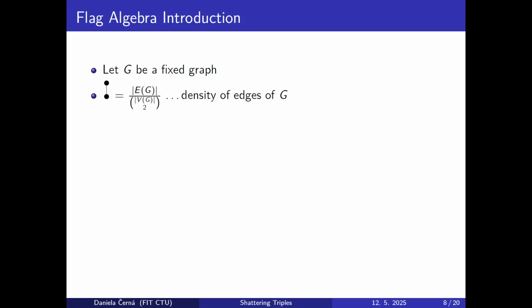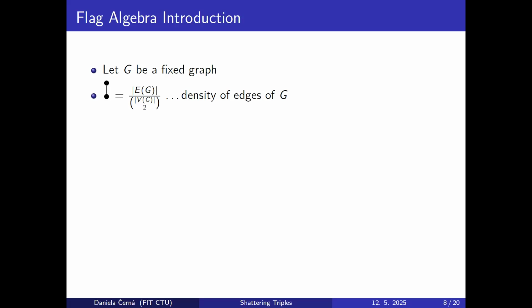So forget about the permutations for now, and suppose we have a fixed graph. In the end, I would like to take, instead of one graph, a sequence of graphs where the number of vertices will go to infinity somehow. But suppose now we have a fixed graph.